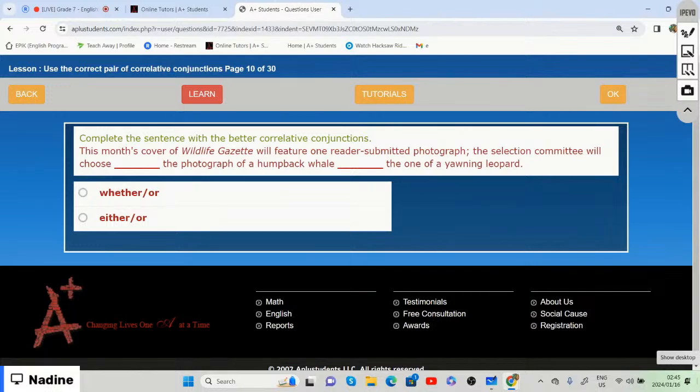This month's cover of Wildlife Gazette will feature one reader submitted photograph, and the selection committee will choose whether the photograph of a humpback whale or the one of the yawning leopard.